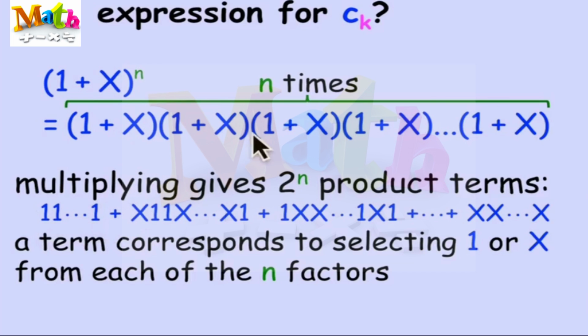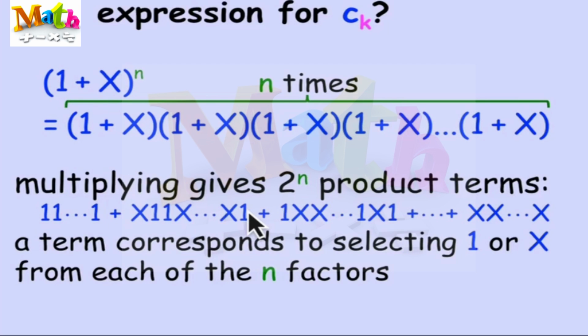Each of them is a product of a selection of n items, 1 from each of the factors. So a term among these 2 to the n terms corresponds to selecting a 1 or an x from each of the n factors. So if I started off, for example, by selecting a 1, a 1, a 1 from each of the n factors, I get the term 1 to the n. If I selected an x, an x, an x, an x from each of the terms, I get this last term, x to the n.